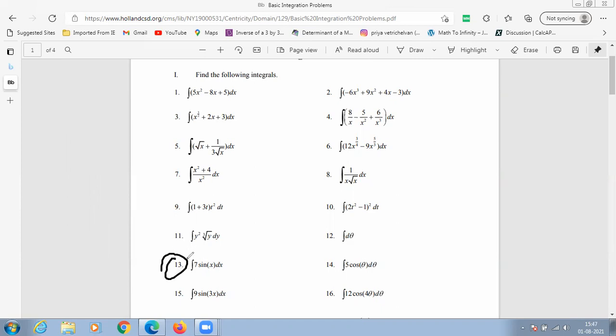For this one, for integral 7 sin x dx, here the 7 is in multiplication, so you'll be taking that out. And then you have to use the integral sin x formula. And I will add the video link in the description box, or else I'll put the icon in the top on this video.